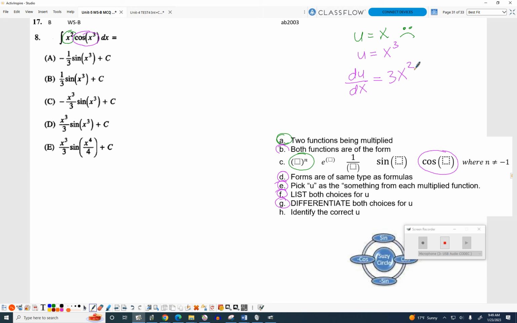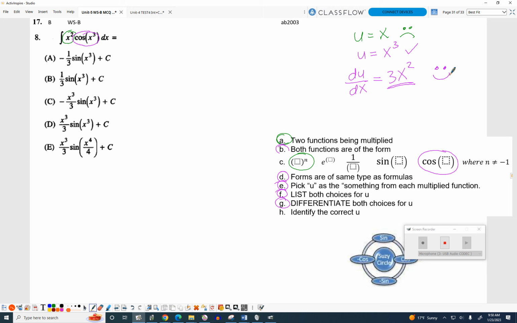This choice of u came from which of the 2 functions? The purple. We took the derivative of our choice. Is the derivative of our choice the other multiplying function, other than the multiplying constant? Yeah, it matches, so we're good. 2 points for Mary. That looks great.